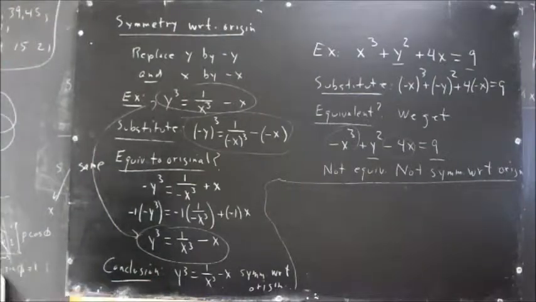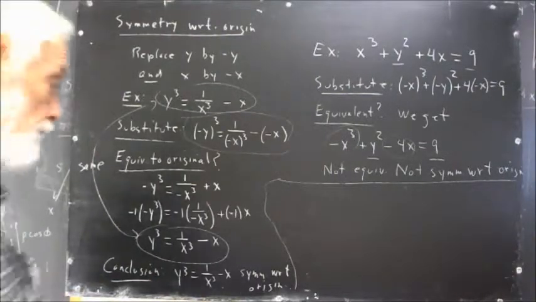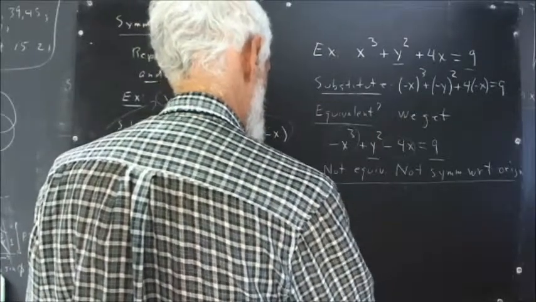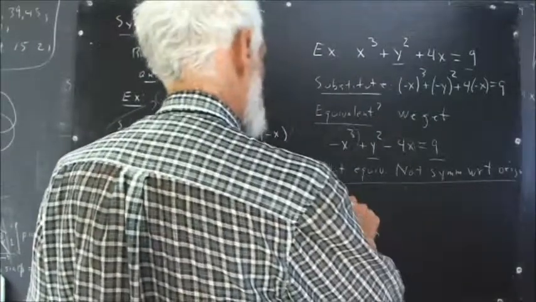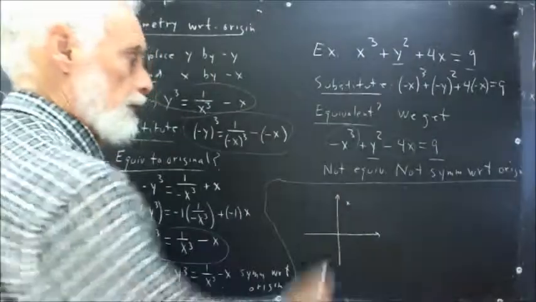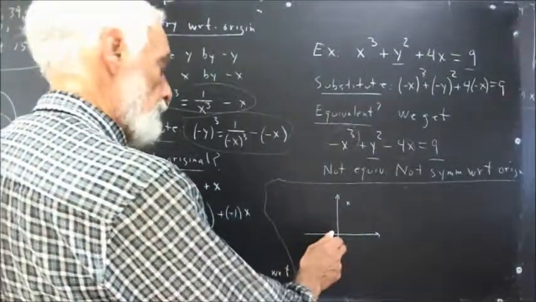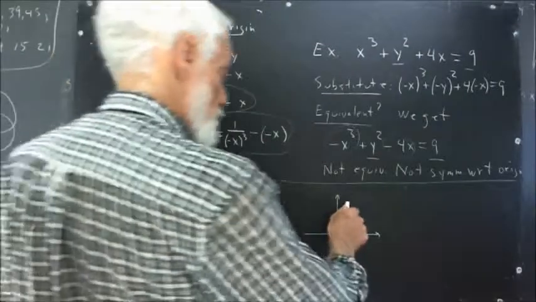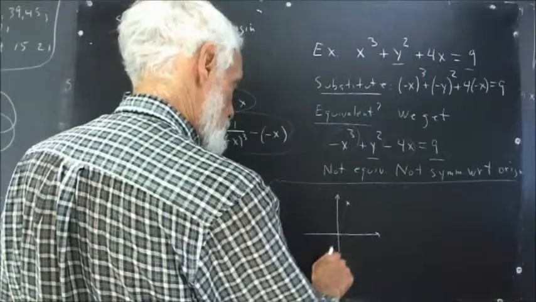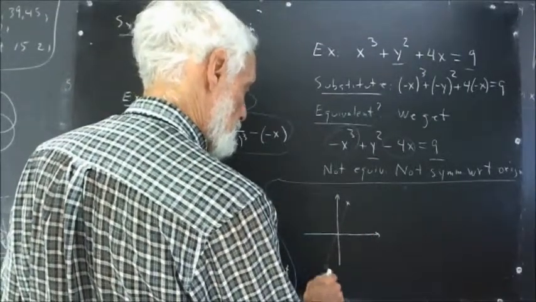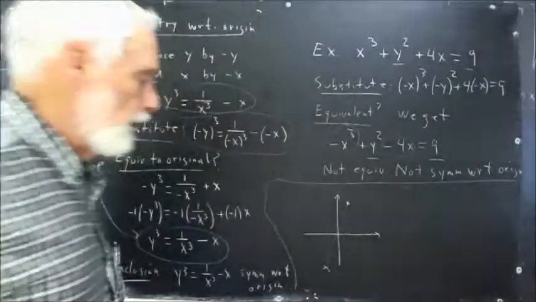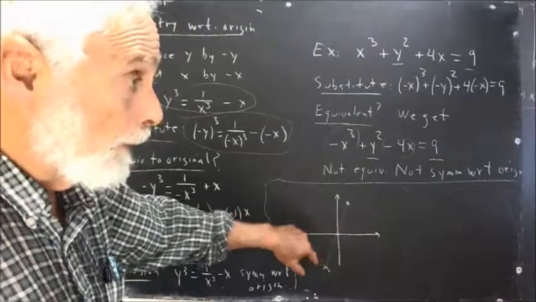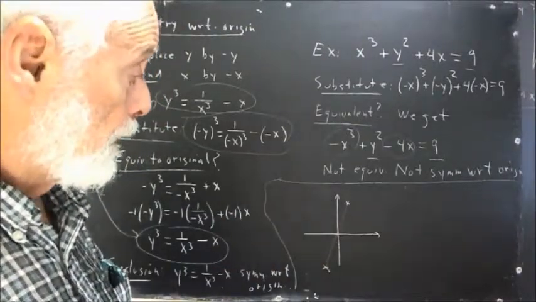Now, if you do have symmetry with respect to the origin, that means that any point you have on the graph in one quadrant is going to be matched by a point an equal distance from the origin along a straight line through the origin on the other side of the origin.